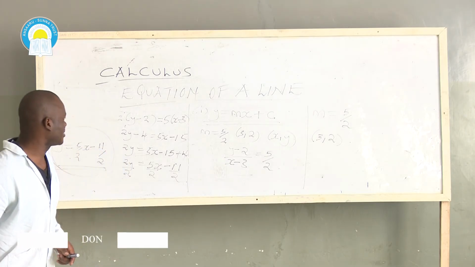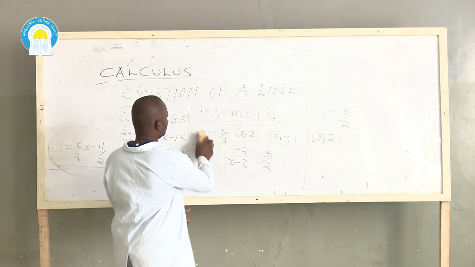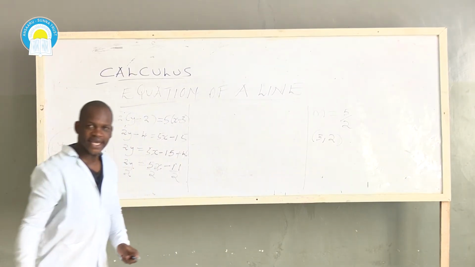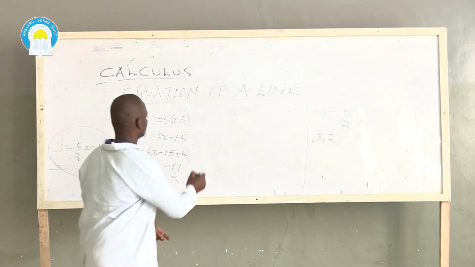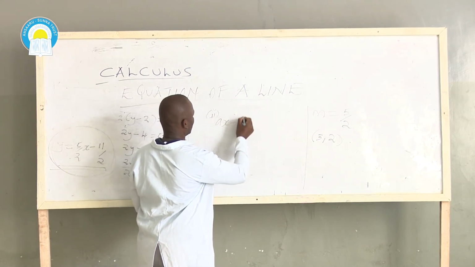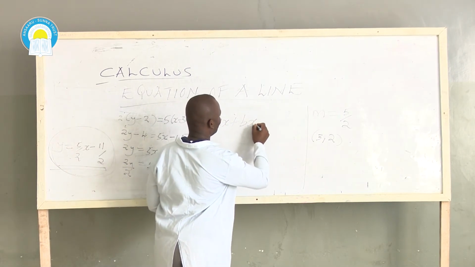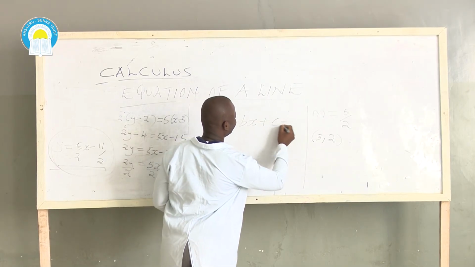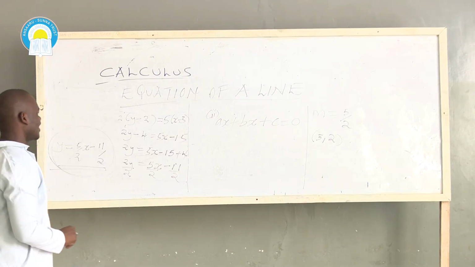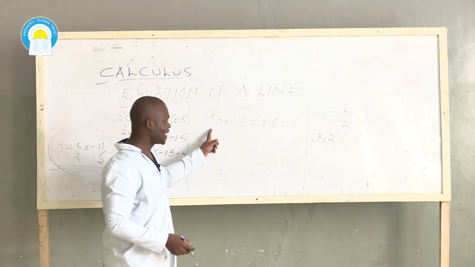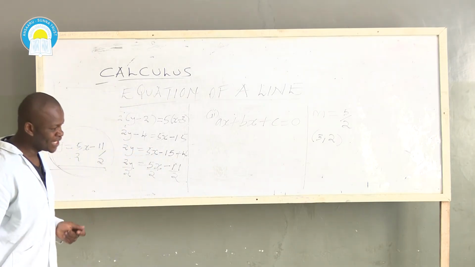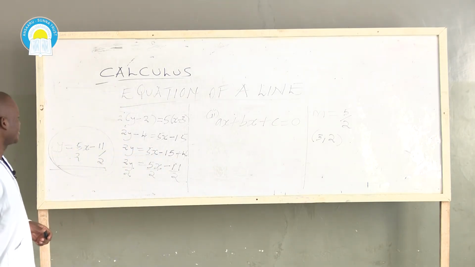So which is form number 2? Form number 2 is ax plus by plus c equals 0. In most cases, they would suggest that a, b, and c are integers, meaning a, b, and c are whole numbers.